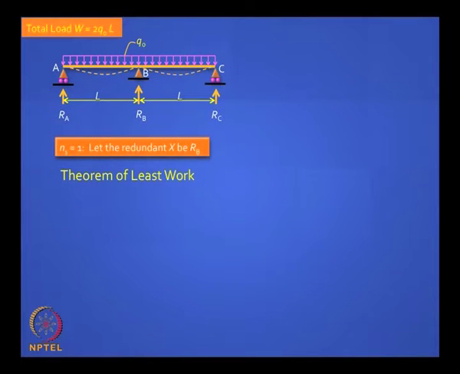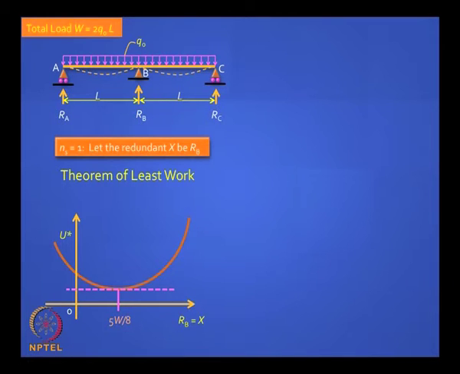Simple demonstration which I asked you in an earlier class. Let us say you want to solve this problem and the support reaction in the middle is treated as the unknown x. You remember I said every student in this class can give his own value of x, and you can compute strain energy, which means you have to integrate the bending moment diagram, take the square of it and so on. You will find that for any value of x you can get a complementary strain energy, and you can even assume foolish values of x which go negative.